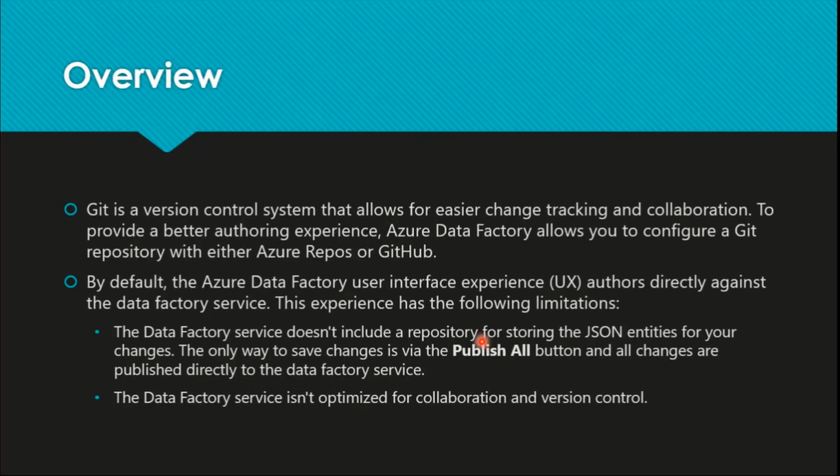For example, if you want to save the changes, you have to publish them, and only then can you save. So if you're working on a pipeline and today you have finished half, and you want to save your progress, it will not allow you to save until the validation is successful. Hence this is one of the major limitations.